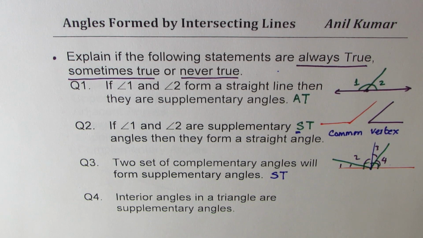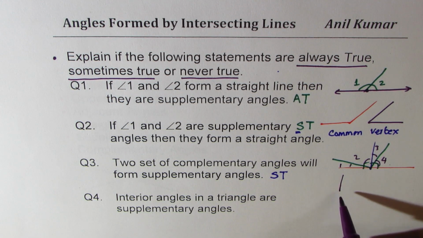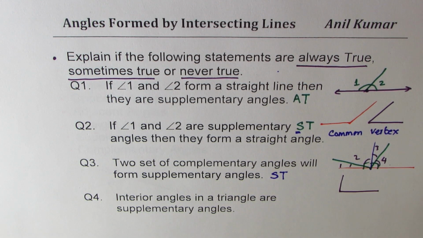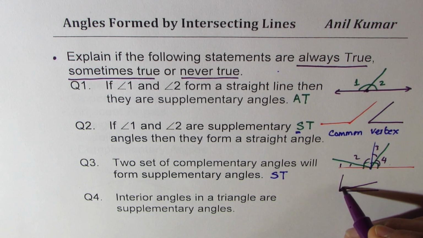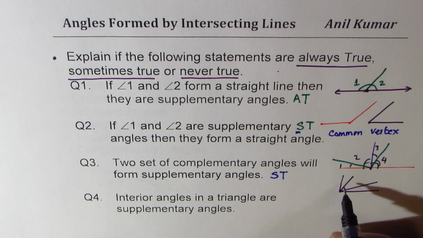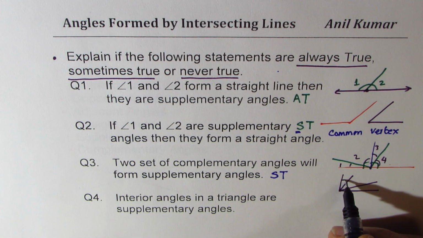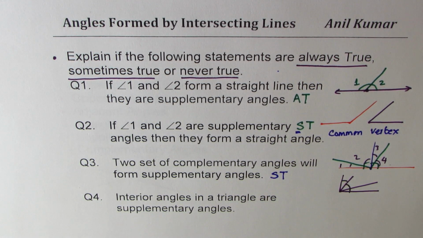But look here, we could also have a situation where we have in this itself different combinations, correct? So let's take this type of an example. Now in this case, this angle plus that angle is 90 degrees, correct? Is that true?